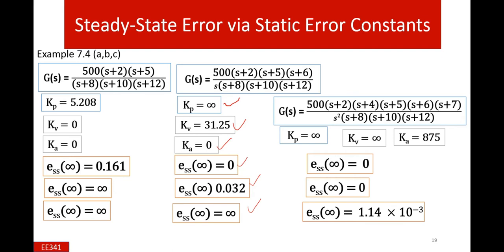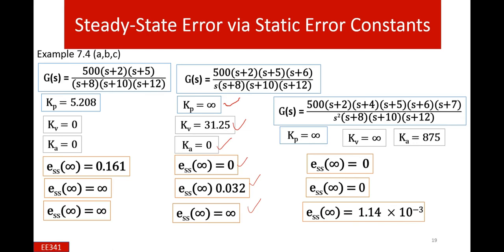If we apply the ramp input, there is some error. Maybe the error is minimum or maximum, depending on the amplitude or the constant coefficient of the ramp input, but there is some error. And we are unable to apply parabolic inputs, so we cannot excite the system by using parabolic inputs.